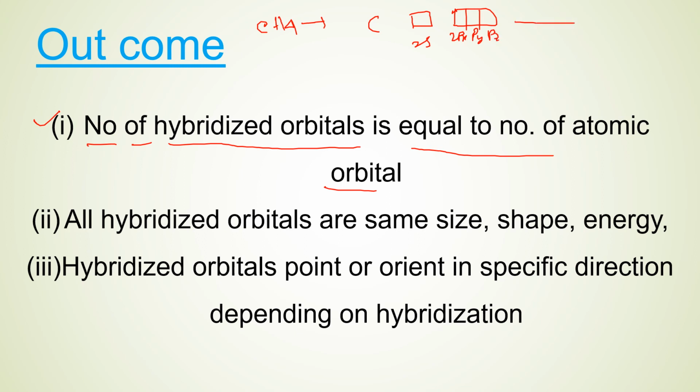If they mix together, if they hybridize, then they will make 4 lobes. Each lobe is sp3 hybridized.